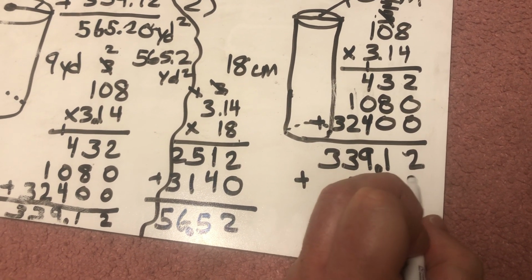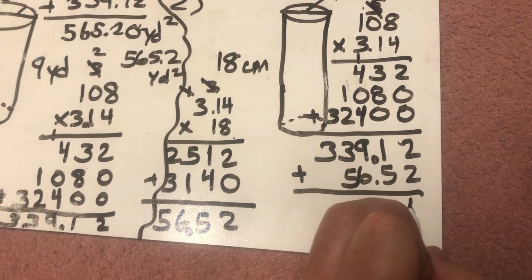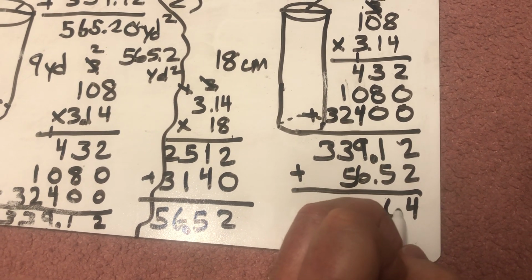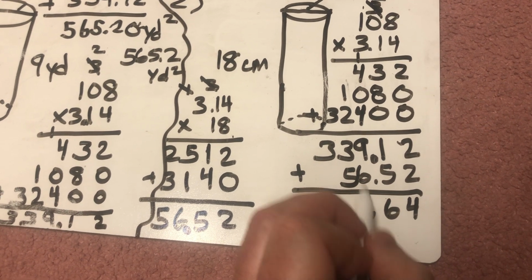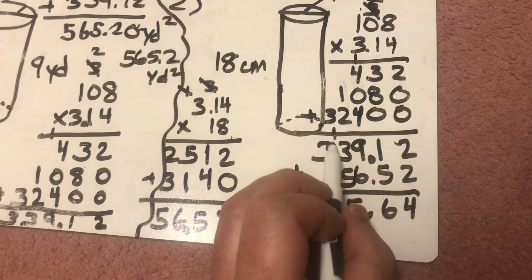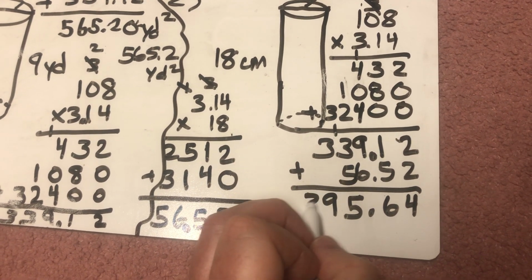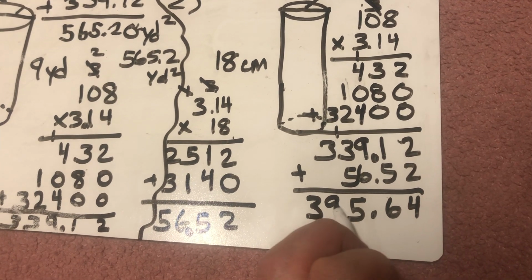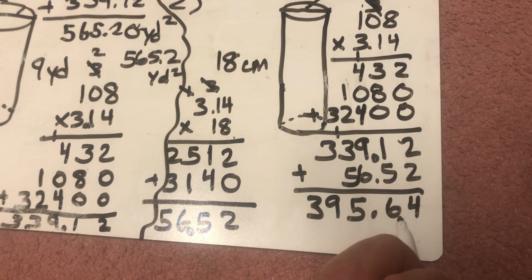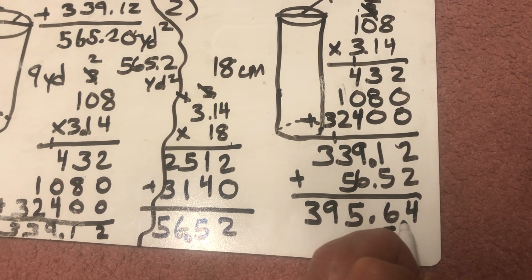When we add, decimals do have to be lined up. 2 plus 2 is 4. 1 plus 5 is 6. Drop the decimal. 9 plus 6 is 15. Put the 5 down, carry the 1. 1 plus 3 is 4. Plus 5 is 9. Go ahead and put the 3 down. 395 and 64 hundredths. But if I'm going to round to the nearest tenth, the 6 is in the tenths place.